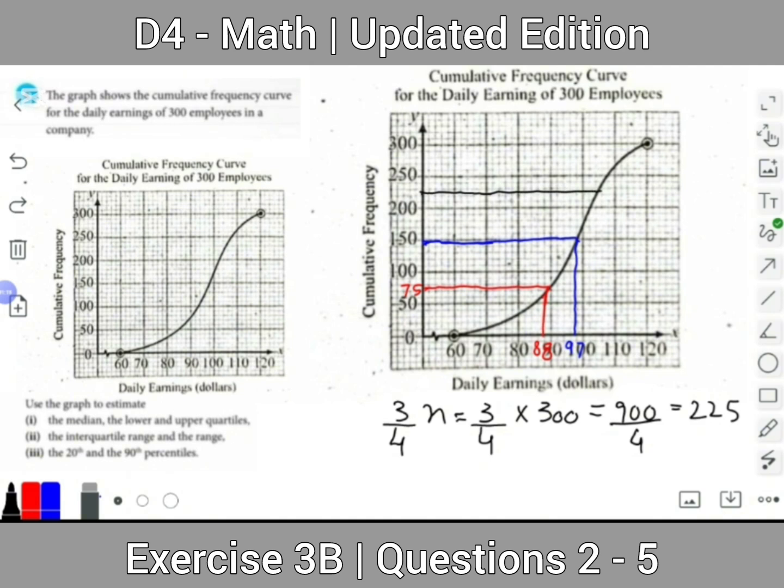Now from the point of intersection on the curve we will draw a vertical line until it touches the x-axis.